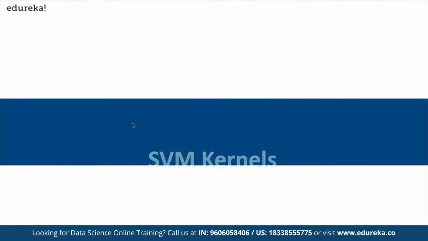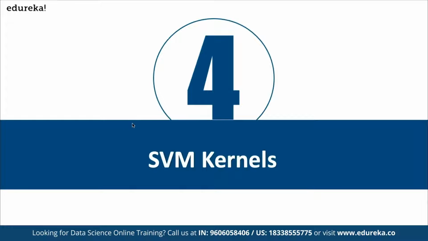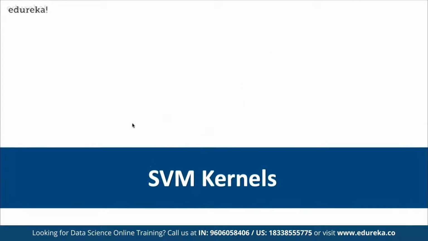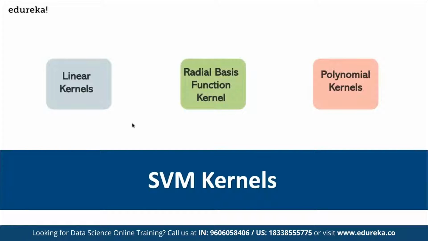So now let's talk about SVM kernels. An SVM kernel adds more dimensions to a low dimensional space to make it easier to segregate the data. It converts the inseparable problem to a separable problem by adding more dimensions using the kernel trick. A support vector machine is implemented in practice by a kernel, and the kernel trick helps to make a more accurate classifier.